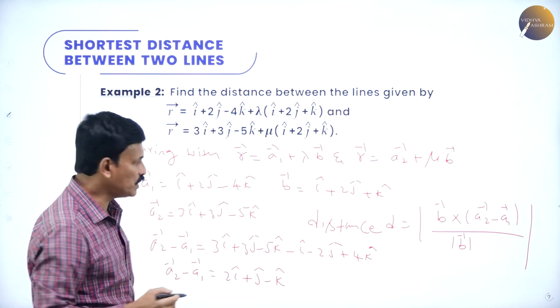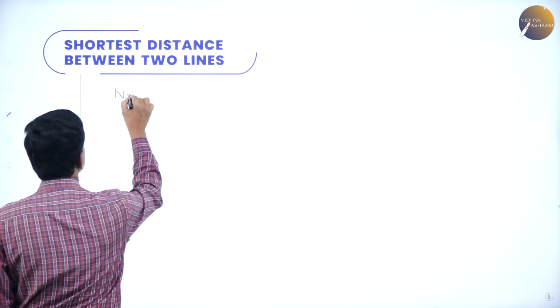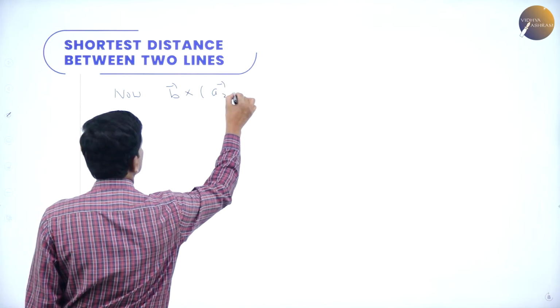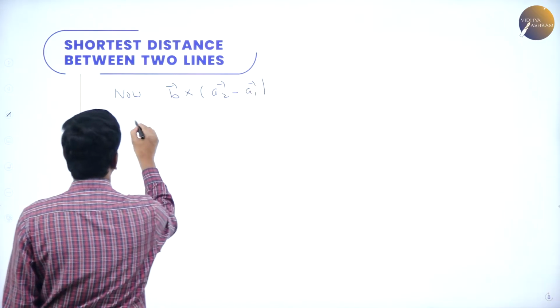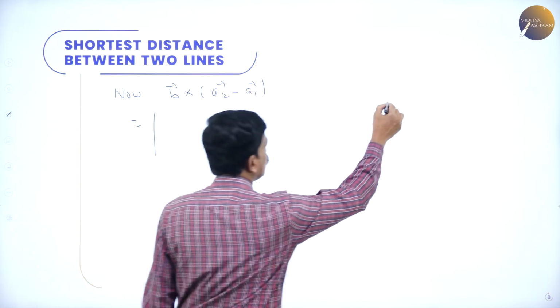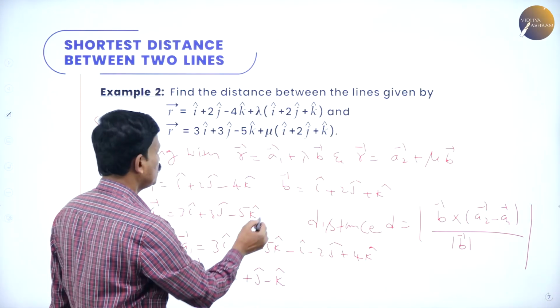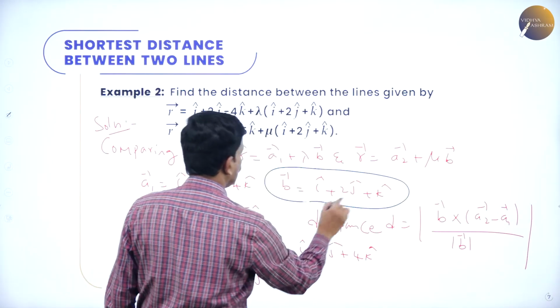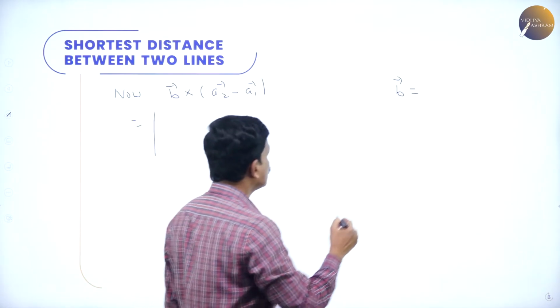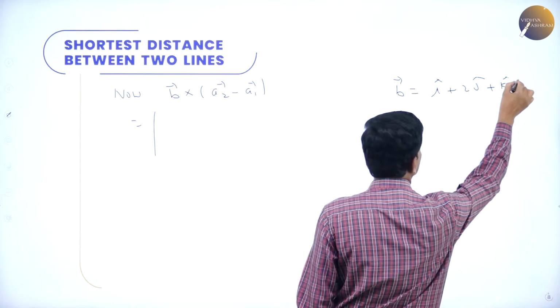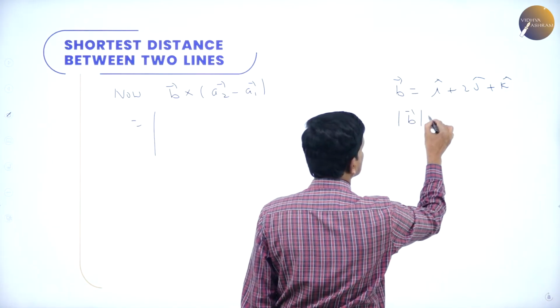Now I'll go to the next page. Vector B cross (A2 minus A1). What is vector B? Vector B is i cap plus 2j cap plus k cap, and also find the length of this.